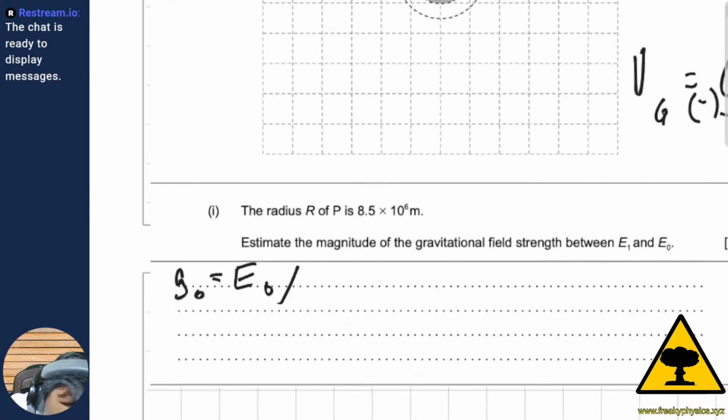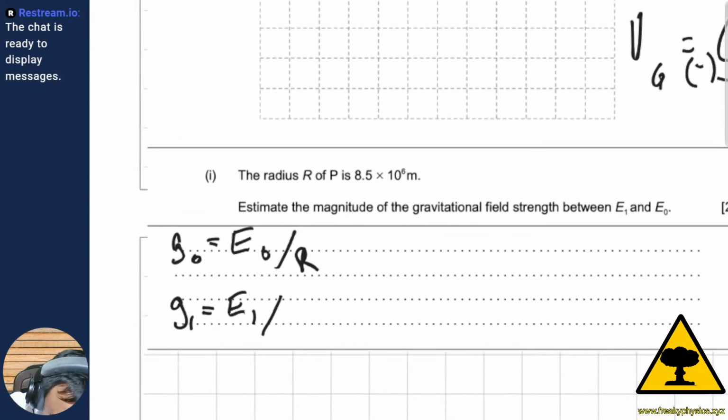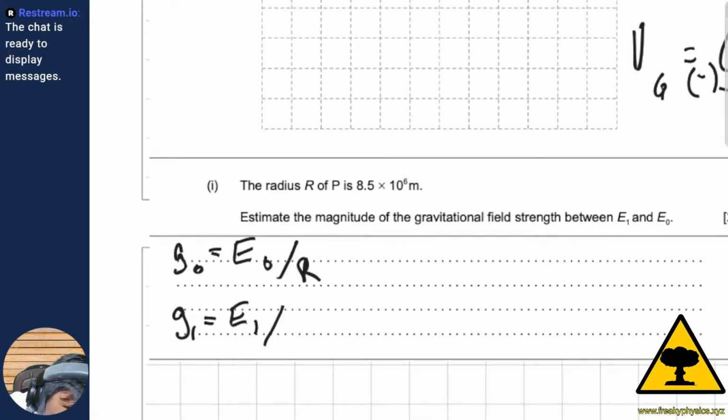Our r here is this value here, so let's just keep it as r first. And then g1 will be equal to E1 over the new distance here, which is 3r over 2.